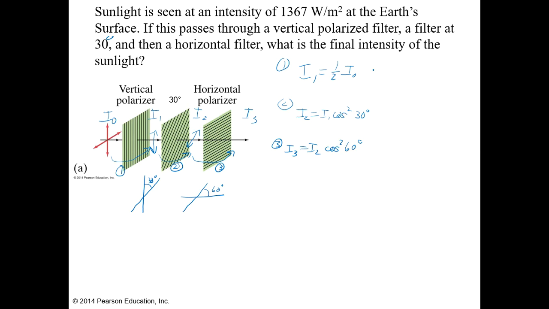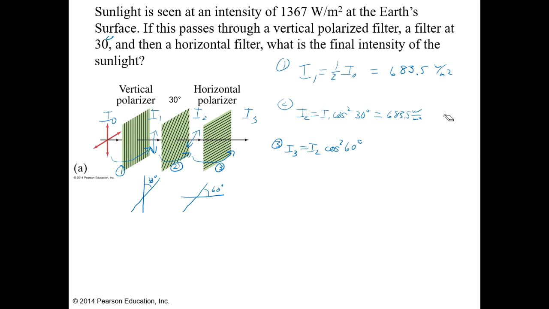So the first step, we just take our intensity and cut it in half. So we have 1,367, cut it in half, you get an intensity of 683.5 watts per square meter. Step 2, you take that 683.5 watts per square meter and you multiply that by the cosine squared of 30 degrees.